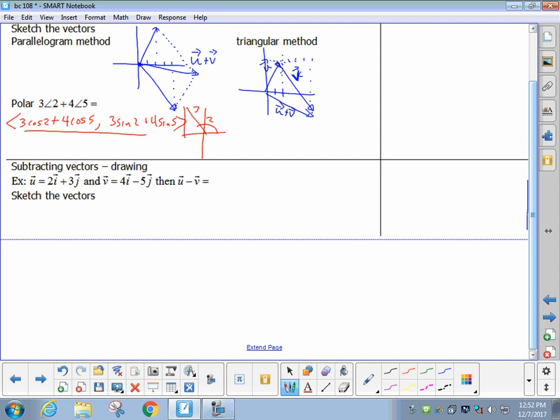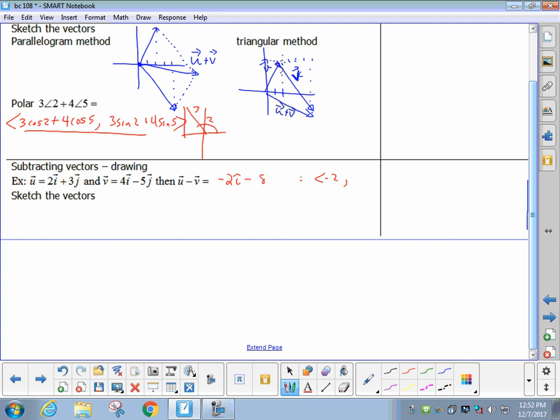Let's talk subtracting vectors, shall we? If I gave you this is u and this is v, and I asked you to find u minus v, you could just subtract the components. What's the total I hat? Negative 2 I hat, which you could also write in this pointy vector form. They're the same components, horizontal and vertical. And a vertical component, j hat?